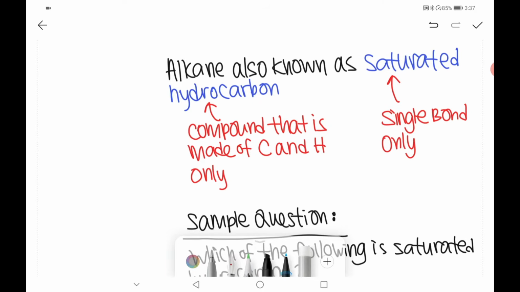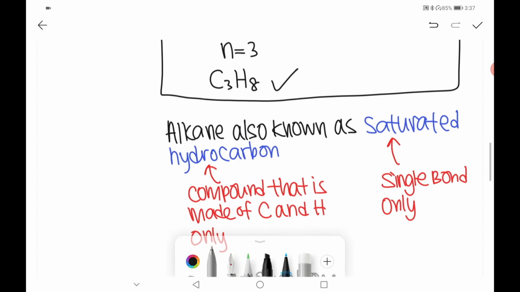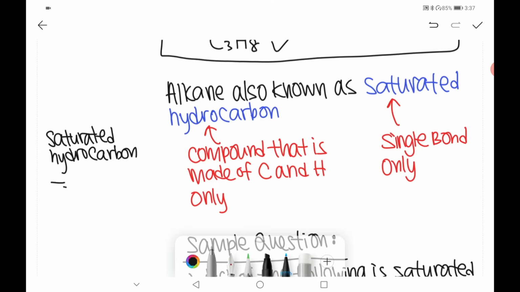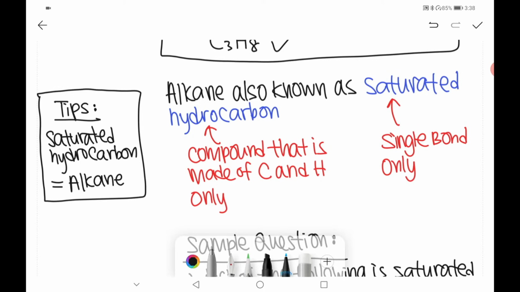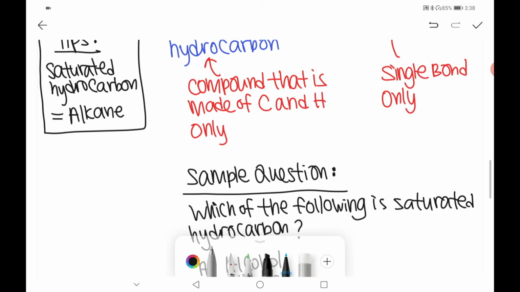Saturated hydrocarbon is exactly the same as alkane. This is a very important tip that you need to know. All right, now we have already covered this.